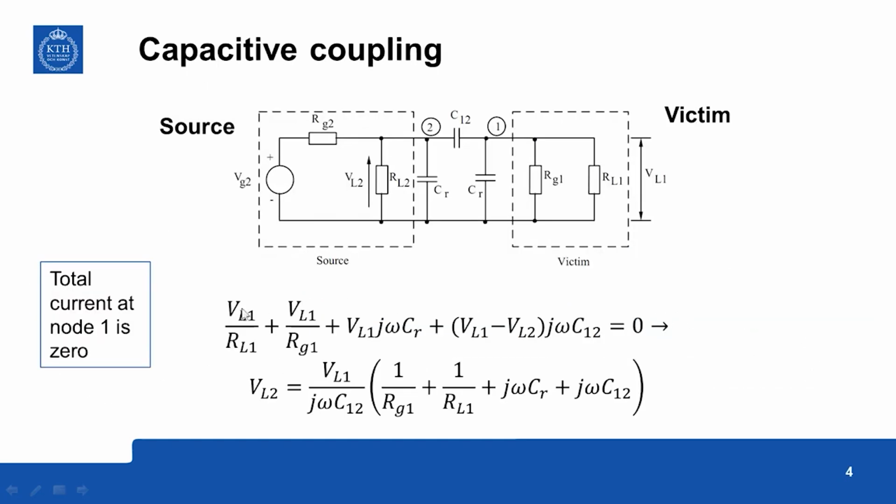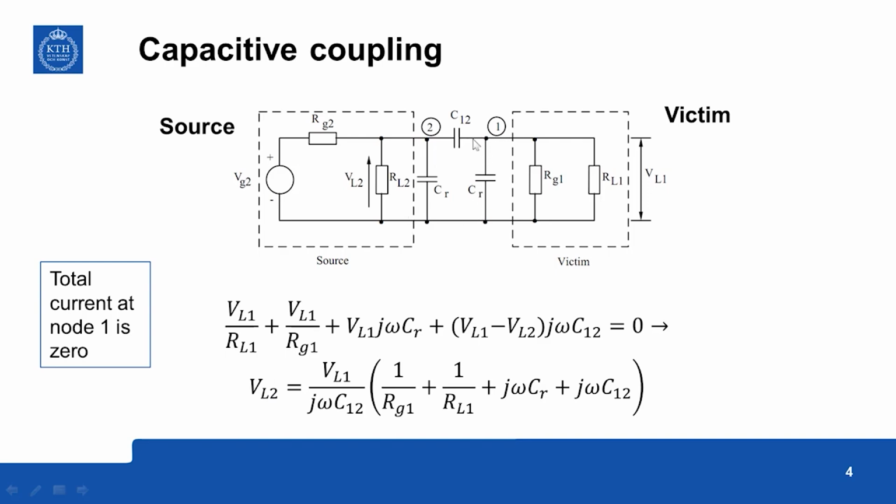So let us do a nodal analysis of this circuit. The total current at node 1 is 0. So we are interested in how much current will be coupled, entering into node 1 due to the sources over here. So we write out the node equations and from that find VL2, and here you have VL1.